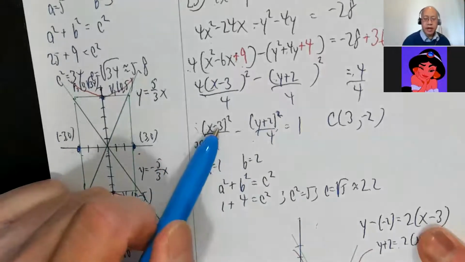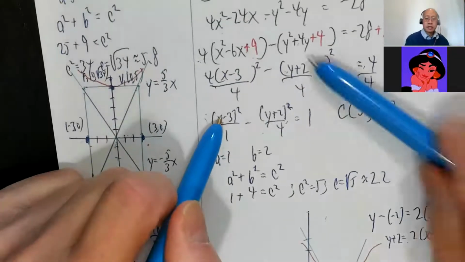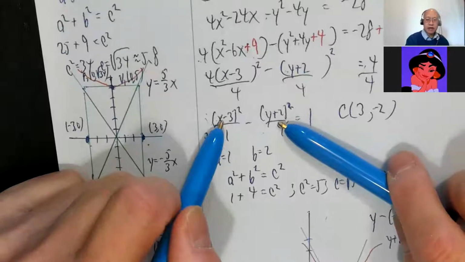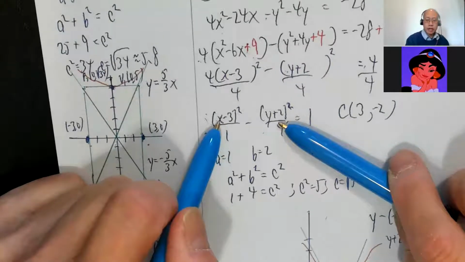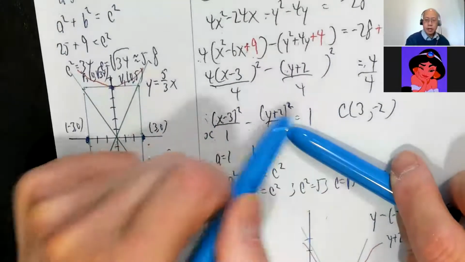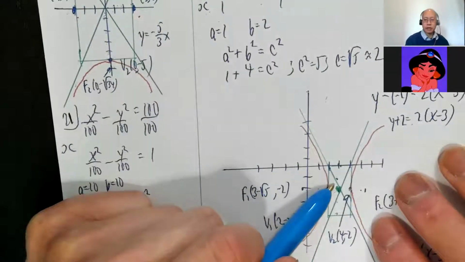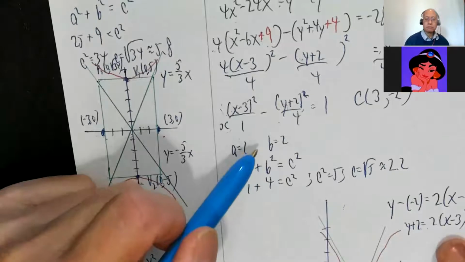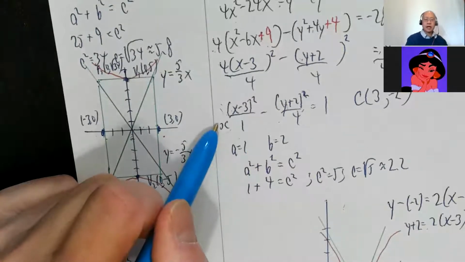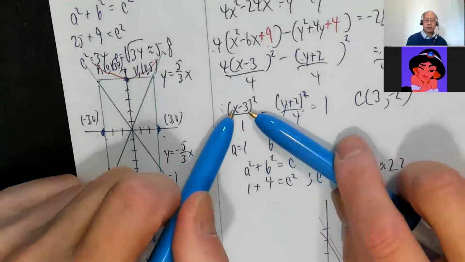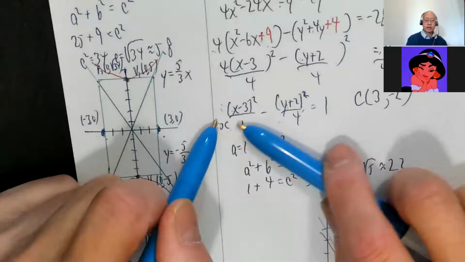Okay, so we finally got it the way that I wanted to. The center is going to be 3, negative 2. The center got translated 3 to the right and 2 down. So the center is 3, negative 2, like so. Okay. I know it's going to be the left and right variety because x is first, y is second. So it's going to open like so.